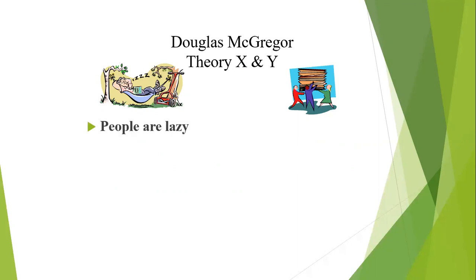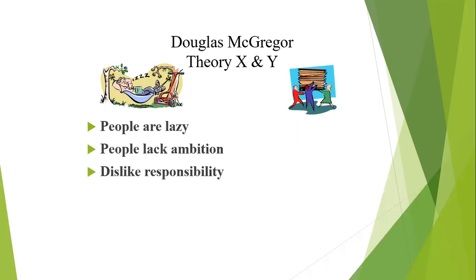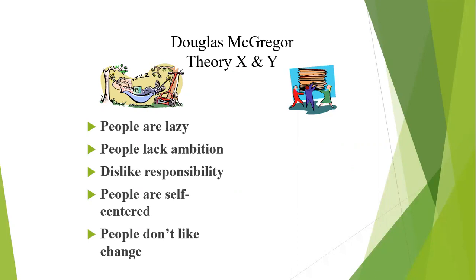Douglas McGregor says that the first classical school's assumption is that people are lazy, people lack ambition, they don't like to achieve or accomplish, they dislike responsibility, people are self-centered, people are selfish, and people don't like change.